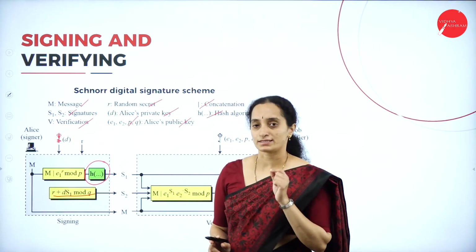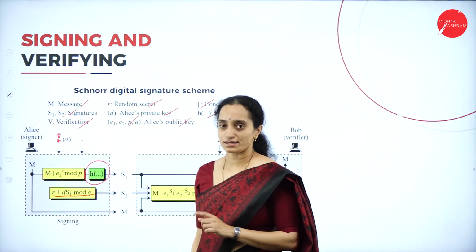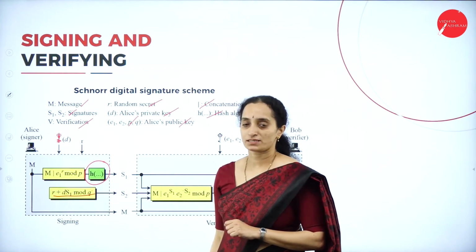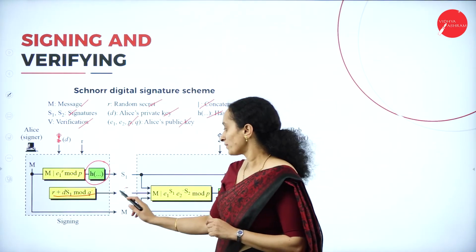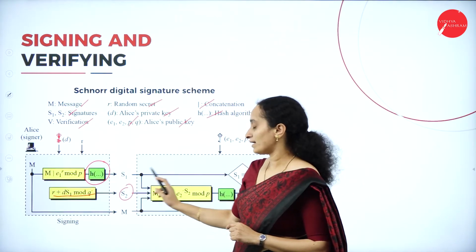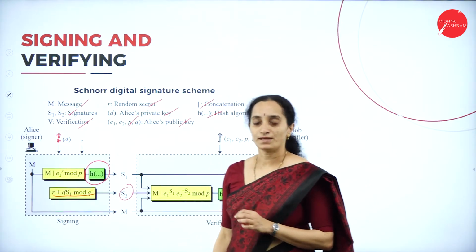It is also an integer value. Mod Q will be done. Another prime value is used. The modulo operation is done using Q for the second signature. These two are sent to the receiver along with the message.